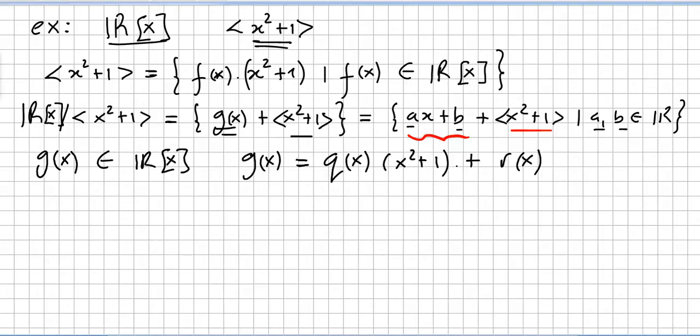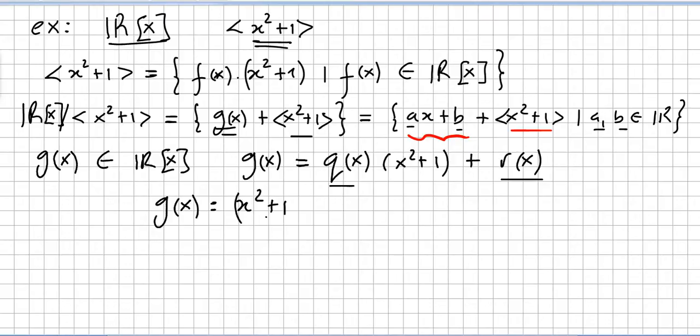This q will be the quotient, and r will be the usual remainder of dividing g of x by x squared plus 1.